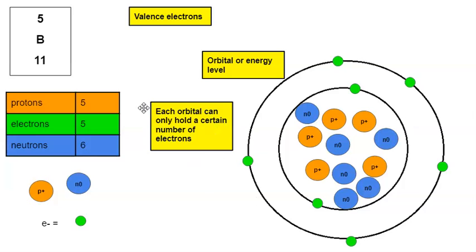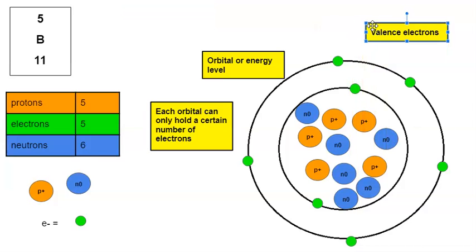And before we leave this screen, I want to make special mention of valence electrons. Valence electrons are particular electrons in this model. The valence electrons, valence means outside. Valence electrons refers to the outer ring, the outer orbital of the atom. So, in this atom, there are 2 electrons on the first orbital and 5 on the second.